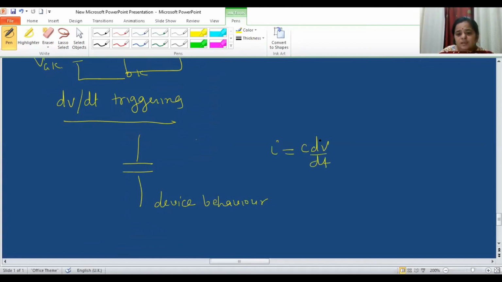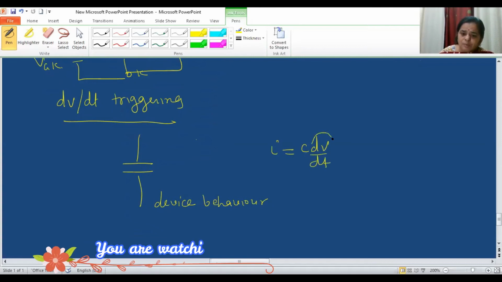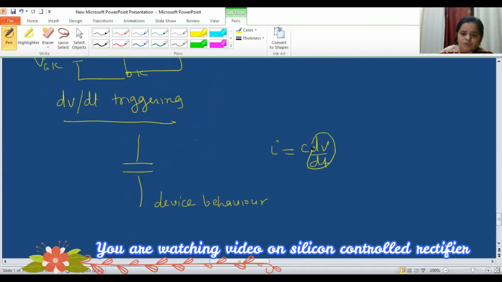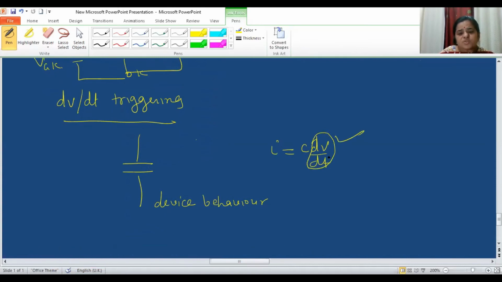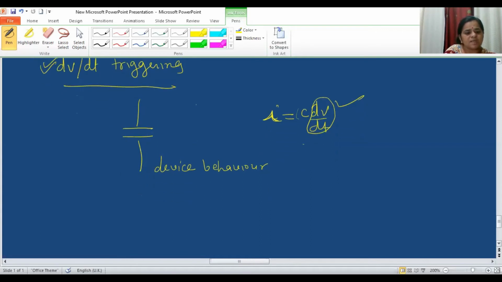That means when the device is forward biased, if I apply an anode cathode voltage whose dV/dt is high, then as the device is behaving as a capacitor, suddenly the charging current across the device increases and the device goes into conduction mode. So this kind of method of turning the device on is called dV/dt triggering.